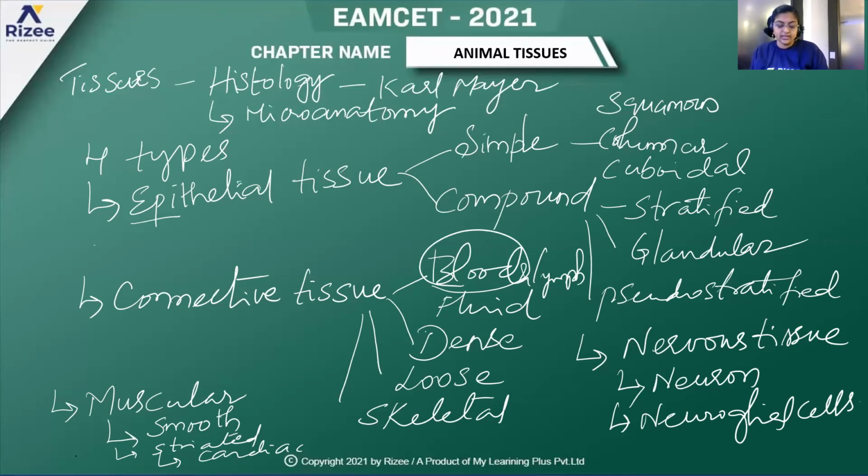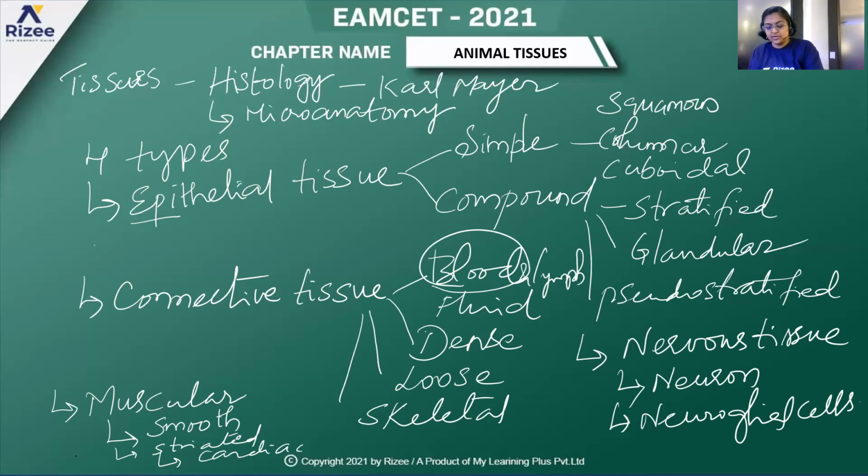The third category is the muscular tissues found in animals, which help in locomotion as well as movements, and are of three types based on structure or morphology: smooth, striated, and cardiac muscular tissues. The fourth category is the nervous tissue, which helps in control and coordination of body functions, and it controls the other organs in the body to carry out their functions.